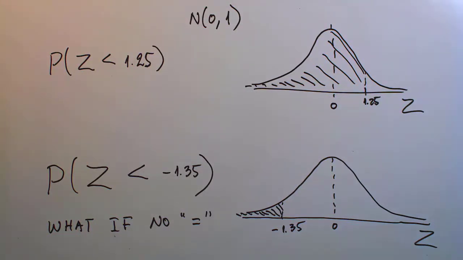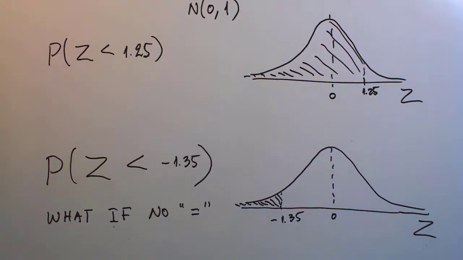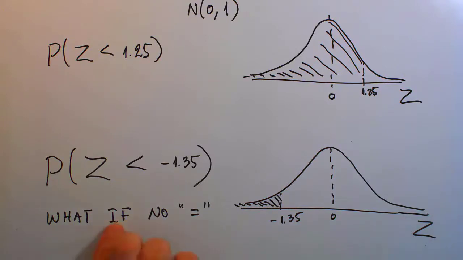Would it be the same way to find the answer, and will the answer be any different? So the answer to that is there is no difference in the answers. No. So having no equality in any of our problems here makes no difference.